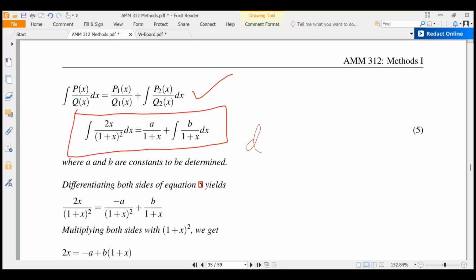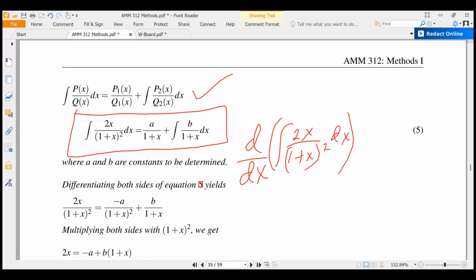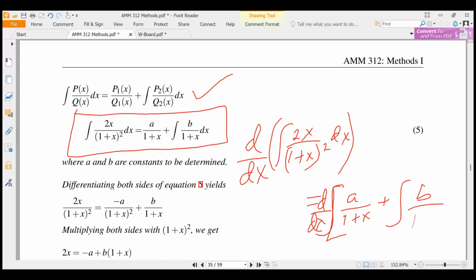So we write the derivative with respect to x of the integral of 2x divided by 1 plus x raised to the power of 2 is equal to the derivative with respect to x of a divided by 1 plus x plus the integral of b divided by 1 plus x dx.